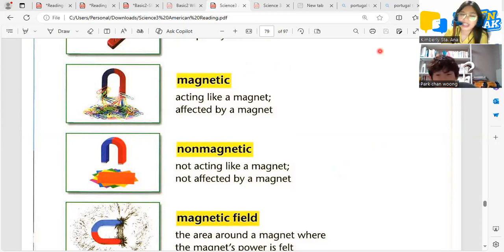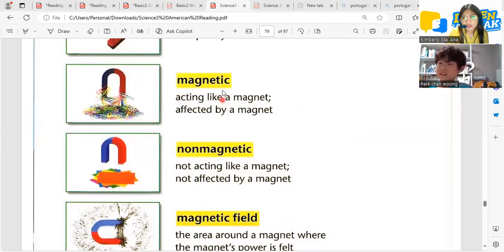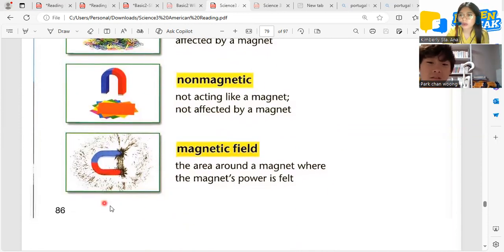Yes, maybe. There's a big chance, especially if the magnet is really strong. Some people, when they put metal in their body, it gets stuck. Yes, that is actually true. That's why I'm asking you about it, and it's very nice that you know something about it.